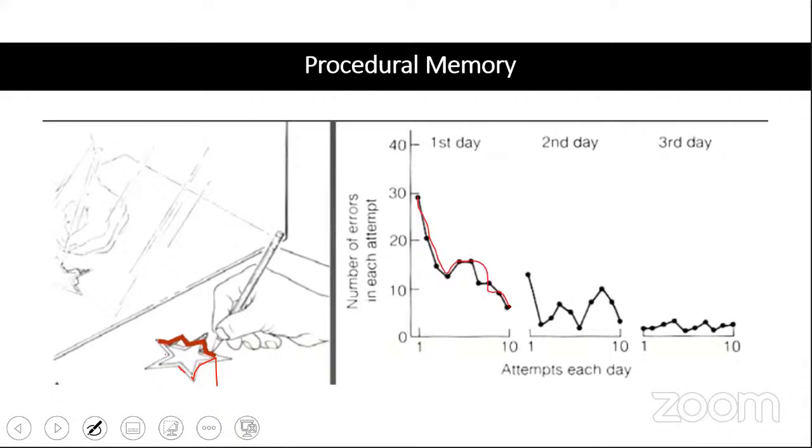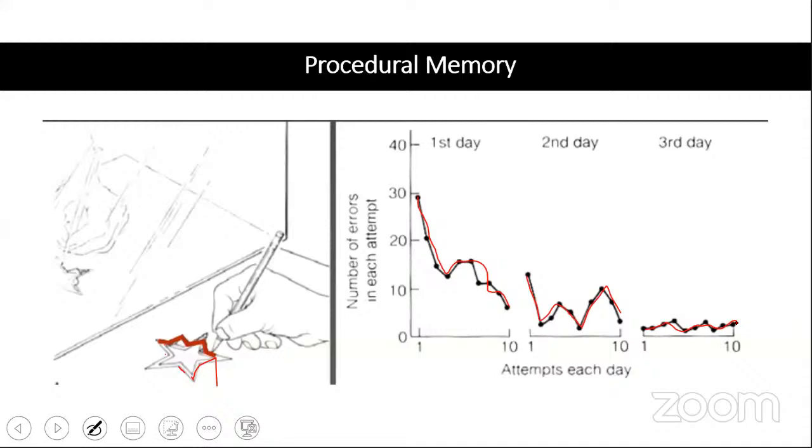But by the next day he'll perfect that without knowing what he's doing, and he will commit fewer mistakes by the third day or fourth day. That means the procedural memory, an individual can be trained, and he will perform that act without knowing why he is doing. That's the biggest advantage in Alzheimer's disease, that the procedural memory can be taken advantage of to train them.